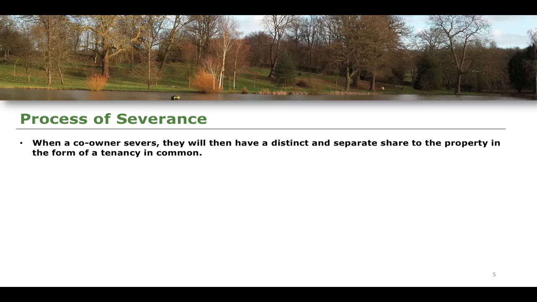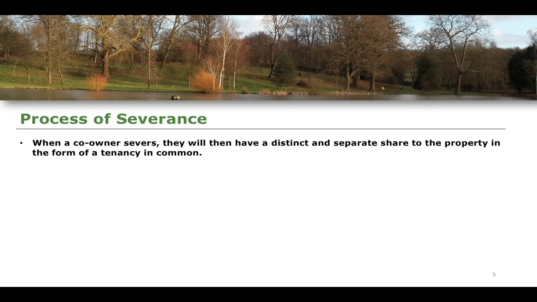And we noted that in order for this to be achieved, you have to have the four unities of possession, interest, title, and time. But then we also noted that when we look at the tenancy in common, there is a divisibility present in that relationship, such that there can be a distinct and separate share of the property exhibited by each of the co-owners of that property. And we also noted that when we talk about the tenancy in common, there is only the requirement of the unity of possession. The other unities are not required.